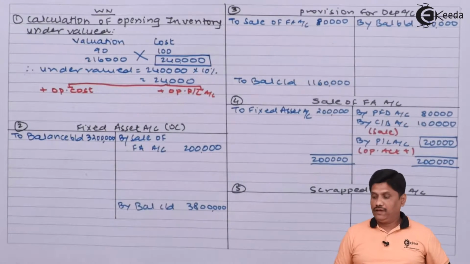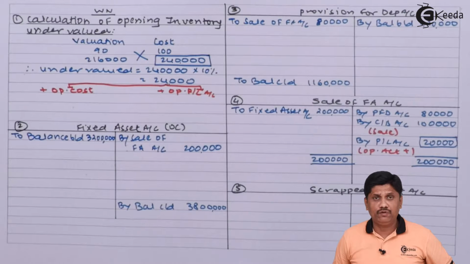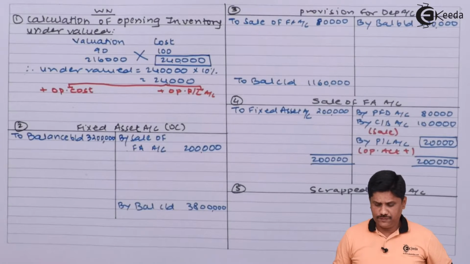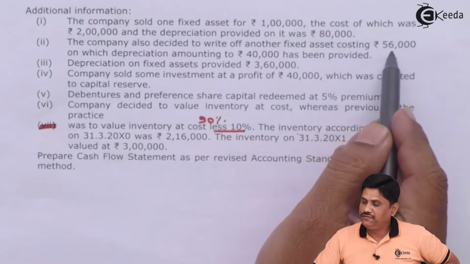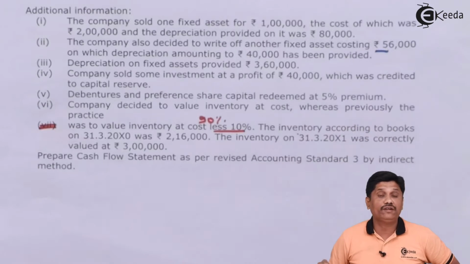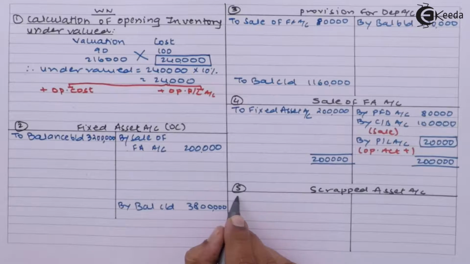In the similar manner when we have used for sale of asset, same approach यहाँ पे भी applicable होगा. Only आपका यहाँ पे selling price कुछ भी नहीं होगा. What is original cost and what is PFD that will be considered. Company also decided to write off another fixed asset costing 56,000. So 56,000 I will transfer from fixed asset account to scrap asset account.